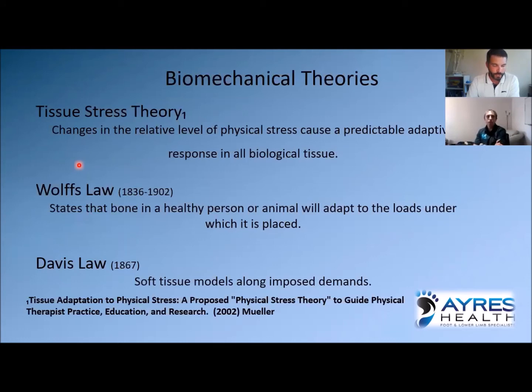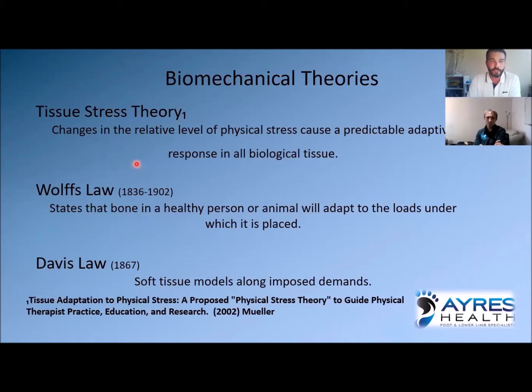So, some of the biomechanical theories that surround limb length difference and injuries. First, tissue stress theory. If you want to read the full paper on tissue stress theory where it first came up, it's down here at the bottom. It's definitely worth having a read because it makes up the foundations for a lot of injury related topics.